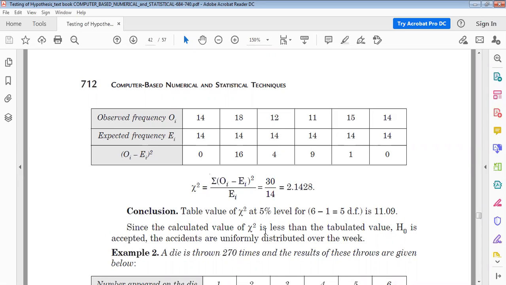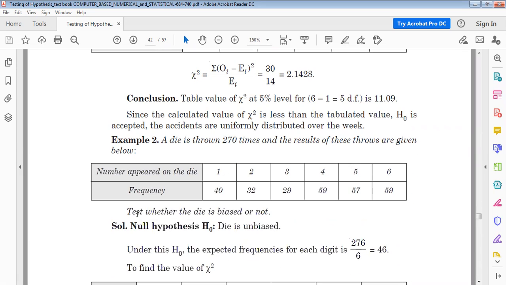Always remember, if less than, accepted. If greater than the table value, then rejected. So we have concluded that the accidents are uniformly distributed over the week. That means every week, accidents are happening continuously. Understand? We have proved it with an experiment and with the test of chi-square.